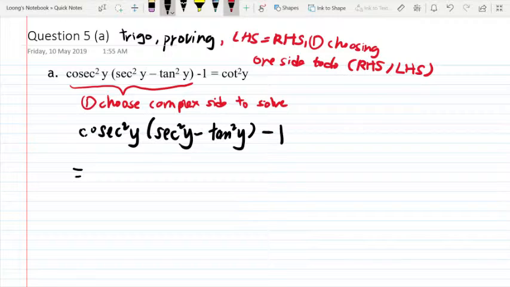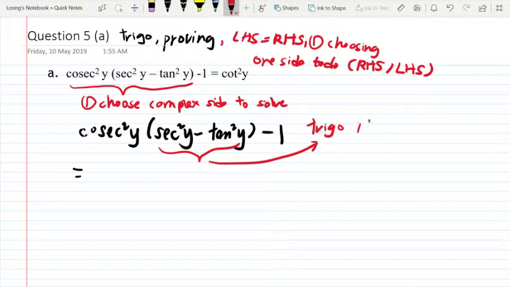And here is actually already a trigonometry identity, where secant square y minus tangent square y is equal to 1.